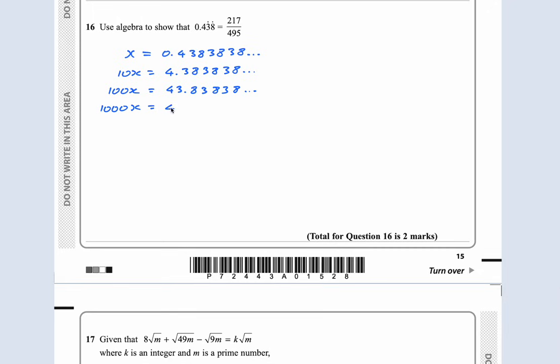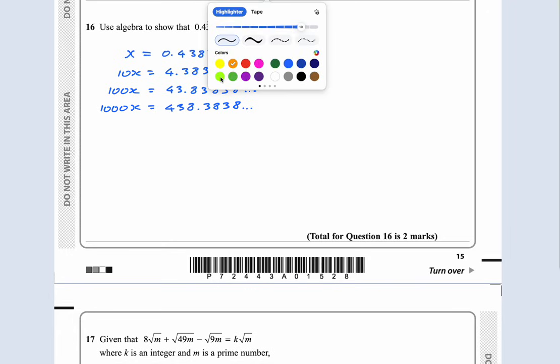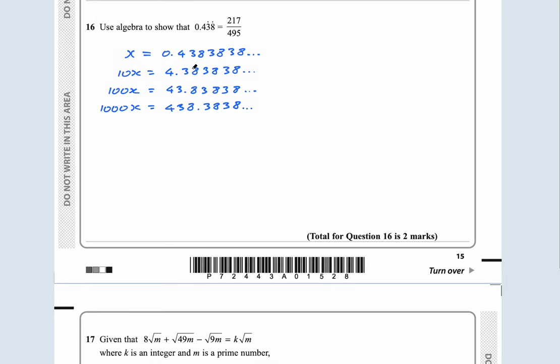Now I get 438.3838, etc. Okay, now this guy's decimals are the same as this guy's decimals here. So once I see this, I'll do 1000x minus 10x.